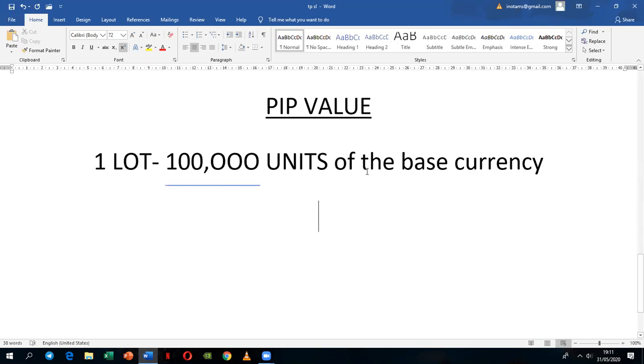Then next we have one mini lot, and this represents 10,000.